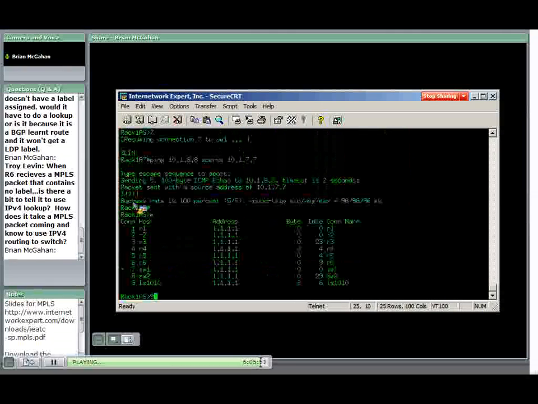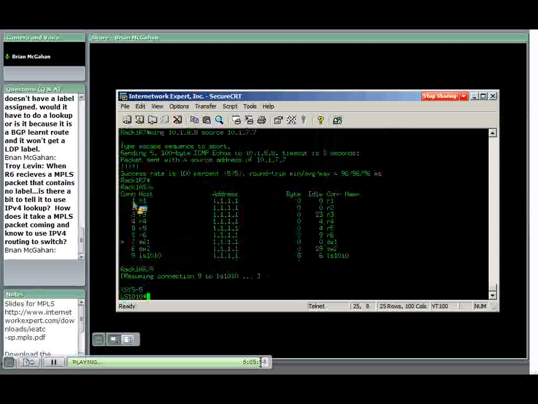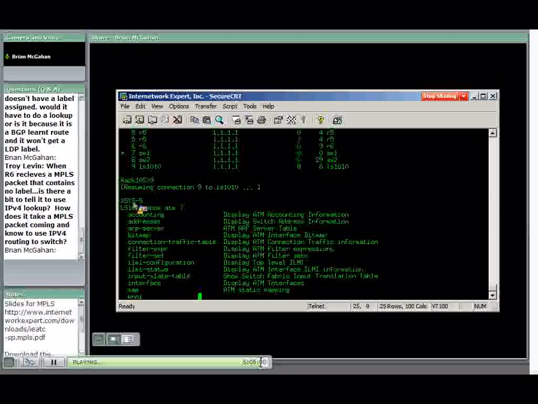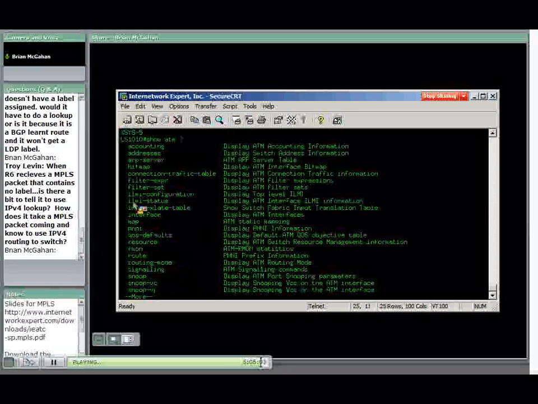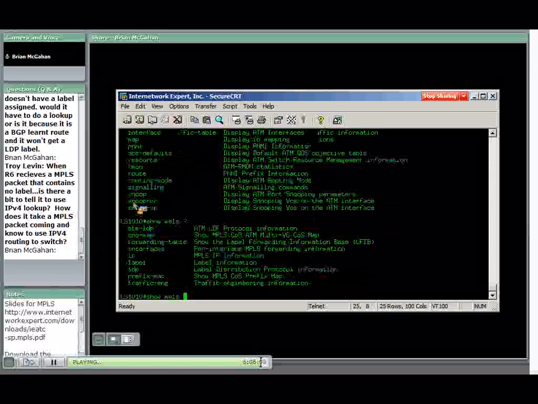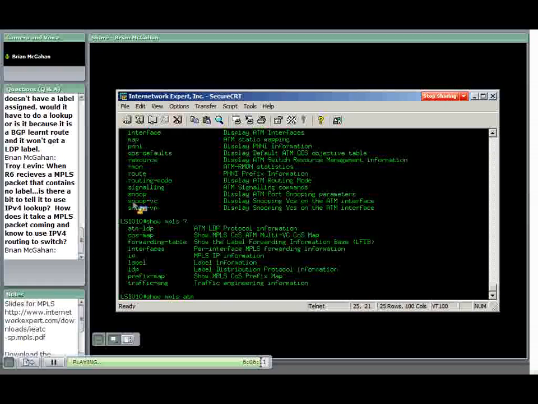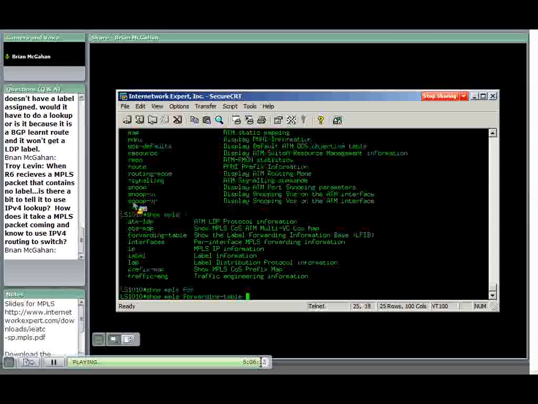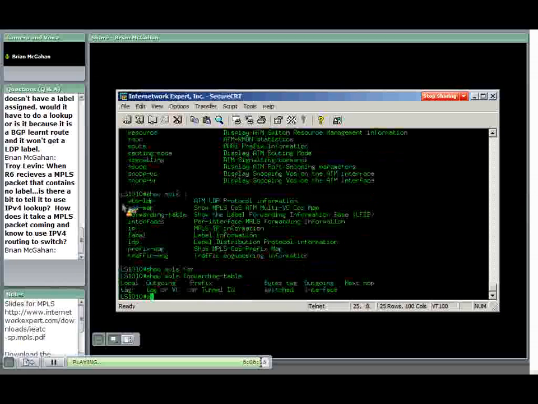No shut. Okay, so now we can see we're adjacent with the LS1010.